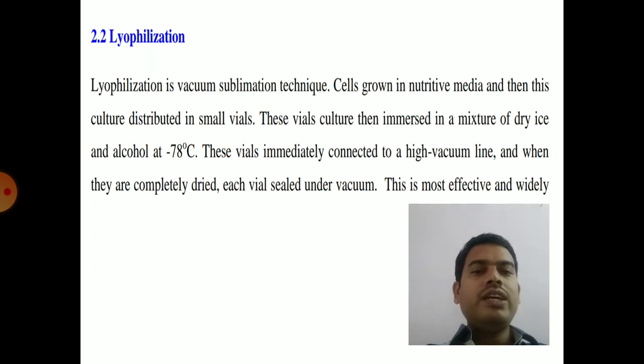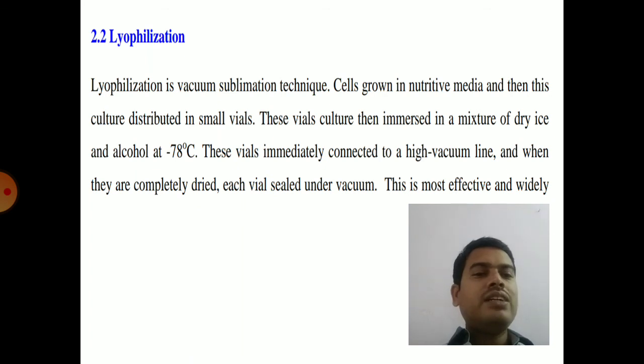Here, cells are grown in nutrient medium, suspended in liquid, and the culture is distributed in small vials. Now these vials are immersed in dry ice and alcohol at minus 78 degrees.